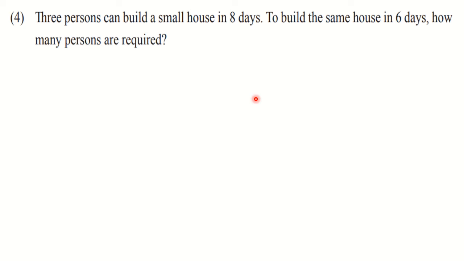If one quantity is increasing, the other also is increasing, like the cost of a thing and its numbers. If numbers are increasing, the cost is increasing. But here, if the number of days is decreasing, then the number of persons should increase.